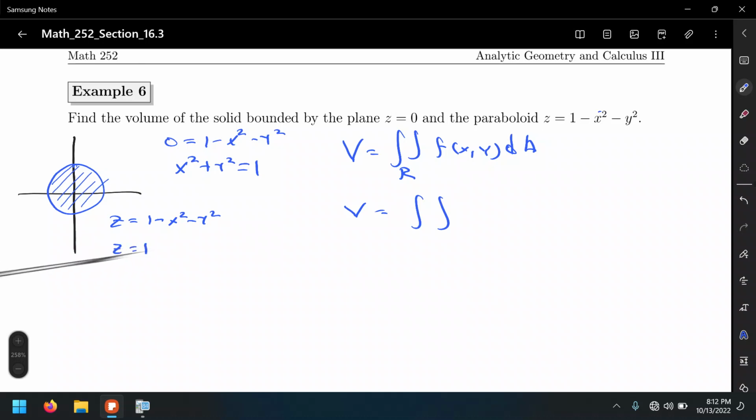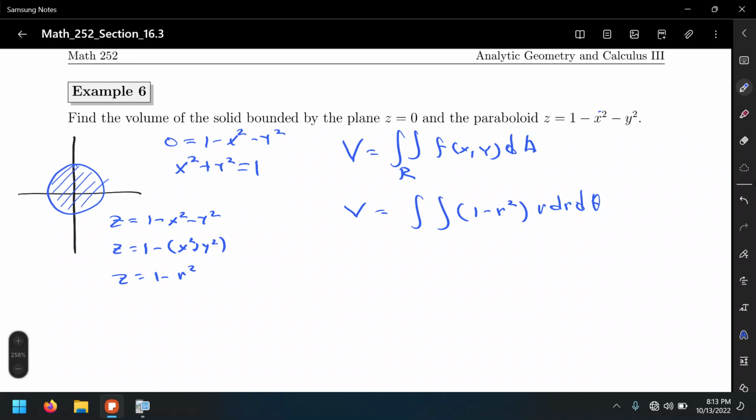That is z equals 1 minus x squared plus y squared, and what's x squared plus y squared in the world of r theta? r squared, right? So z equals 1 minus r squared. So f of x y becomes f of r theta, which is 1 minus r squared, and dA becomes r dr d theta. That's the setup of the integrand, the function that depends on r and theta this time.